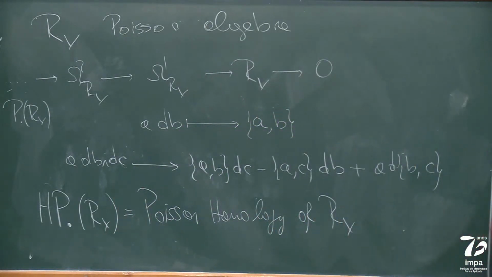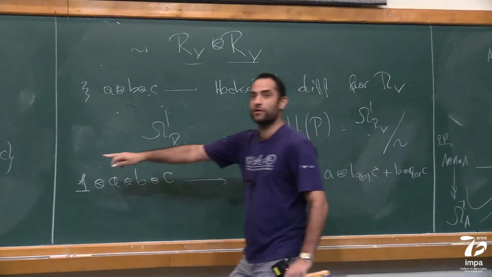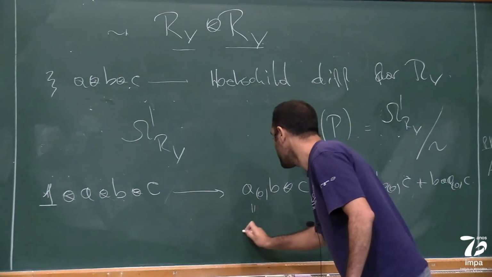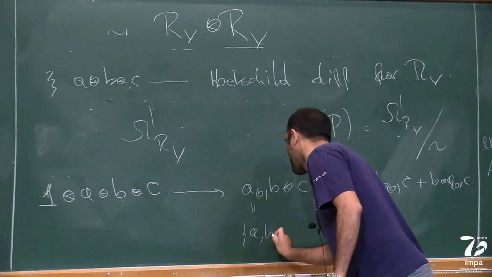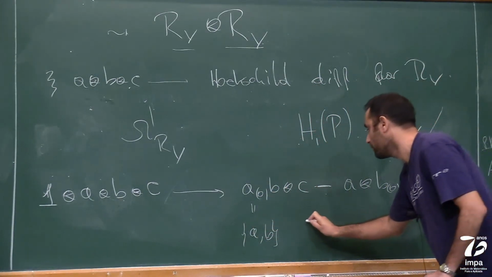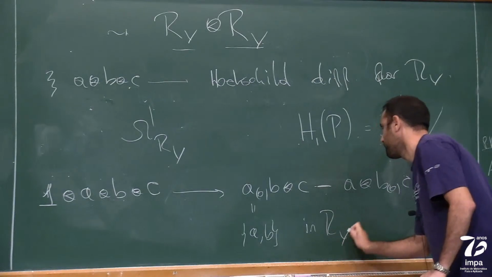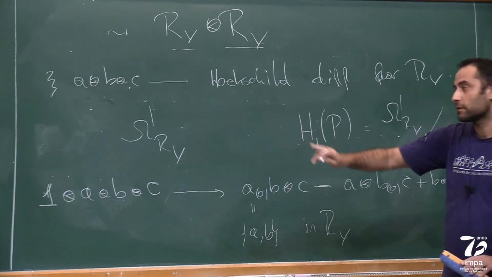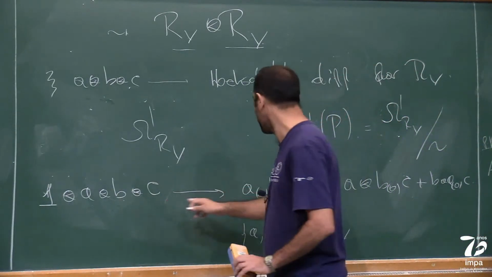Okay, so now this differential here looks exactly like this differential here because the zeroth product in RV, remember, is the Poisson bracket of A with B in RV. So this thing here looks exactly like that when I realize that I'm identifying these guys.